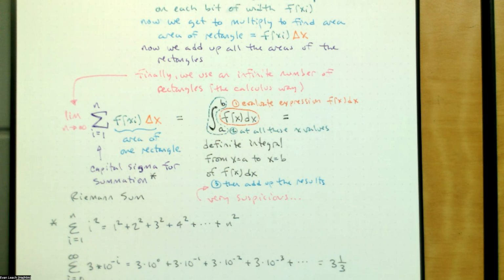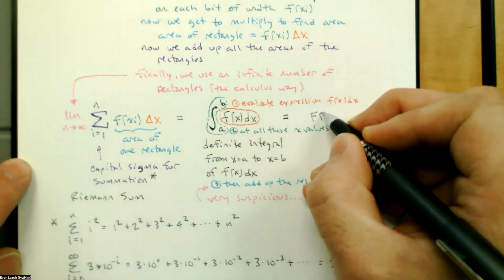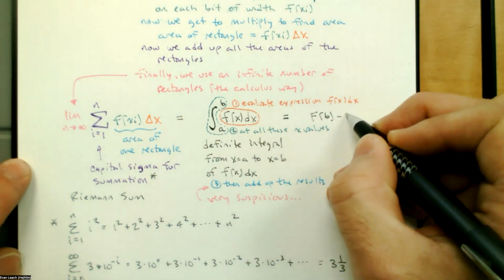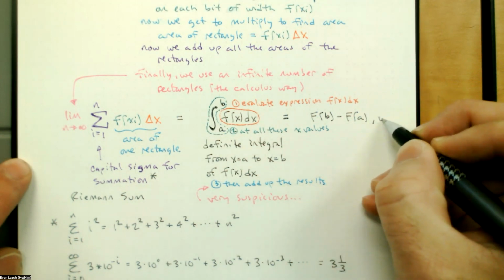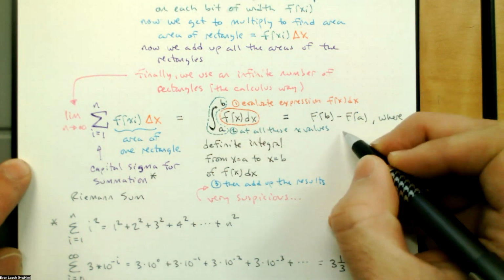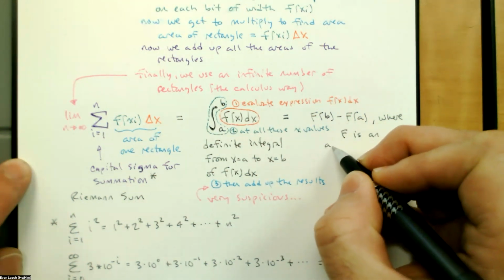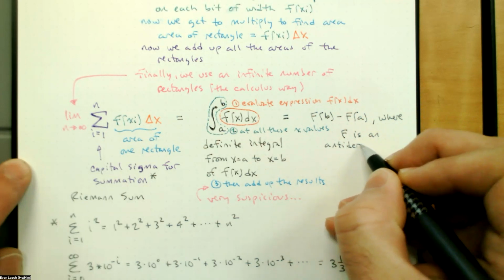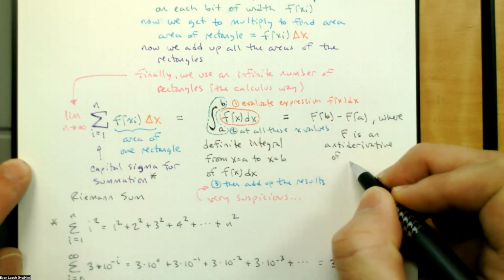We just do capital F at B minus capital F at A, where capital F is an antiderivative of little f.